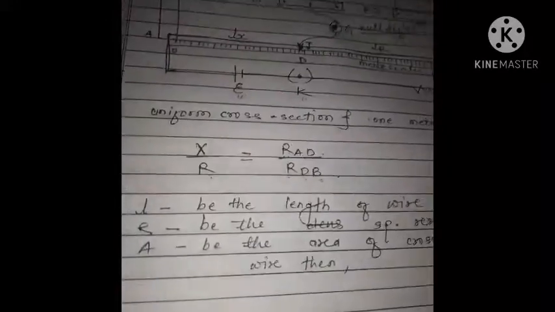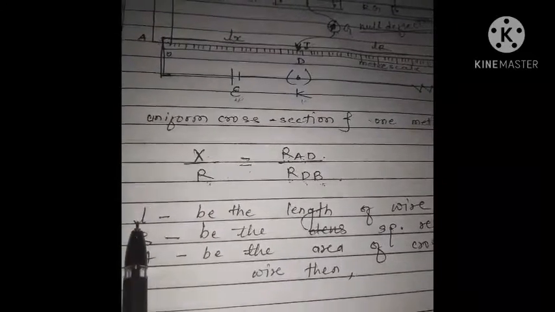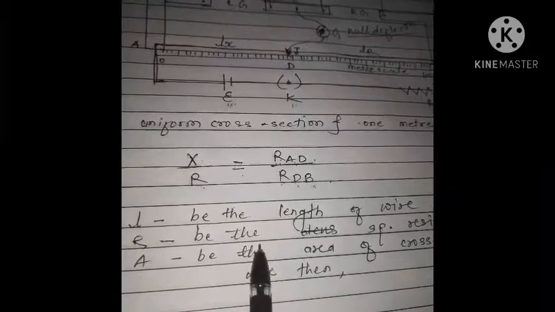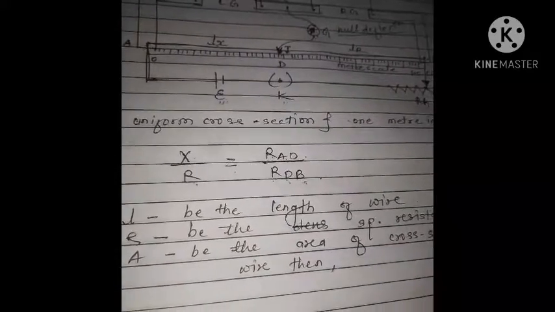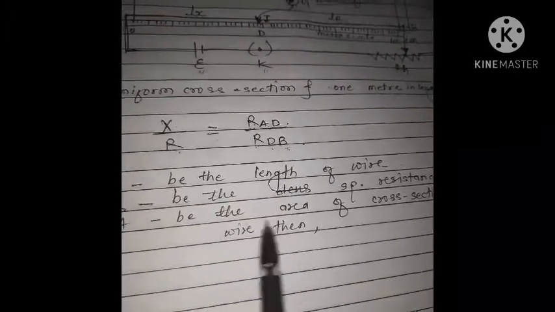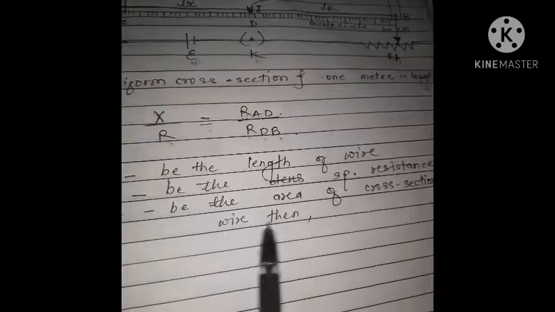Now consider L to be the length of wire, rho the specific resistance of the wire and A the area of cross section of the wire.